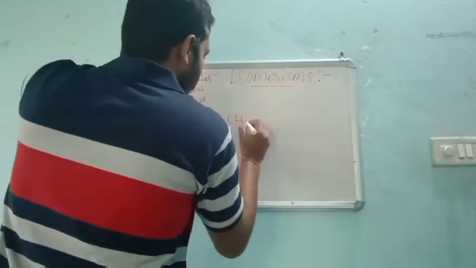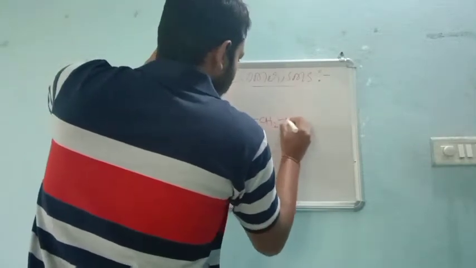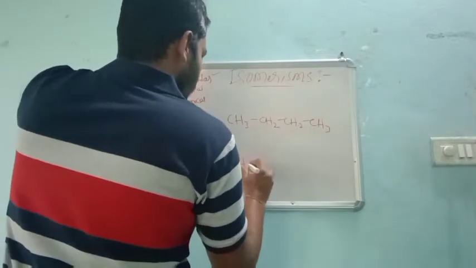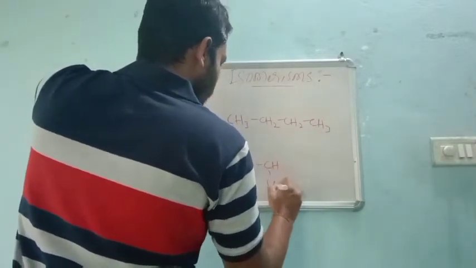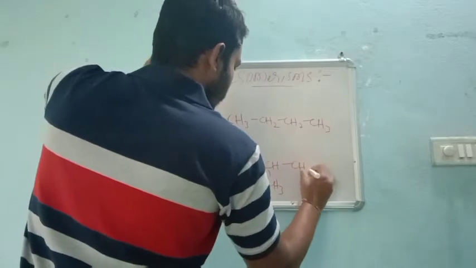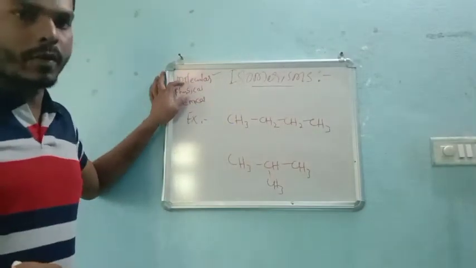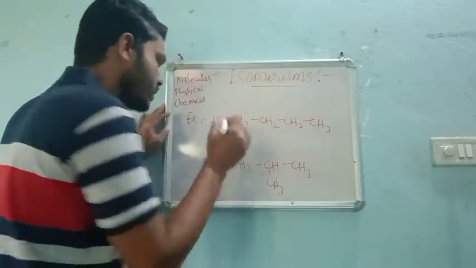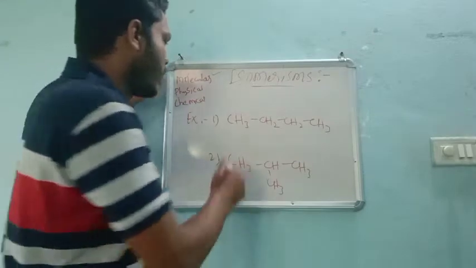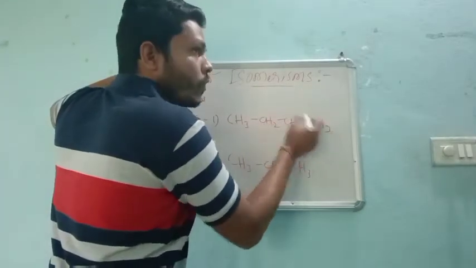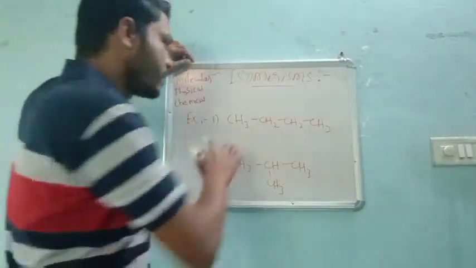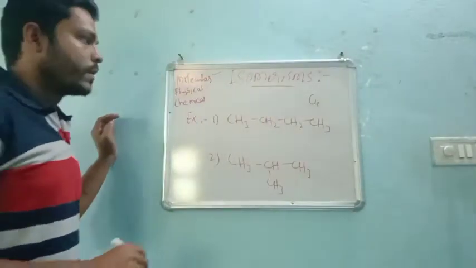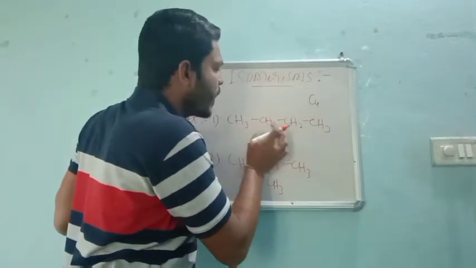You just listen here. CH3, CH2, CH2, CH3. Now CH3, CH3, CH3. See first about molecular formula. What is the molecular formula in the first case? Now 1, 2, 3, 4. So there are 4 carbon atoms in this compound. Now count the hydrogens.